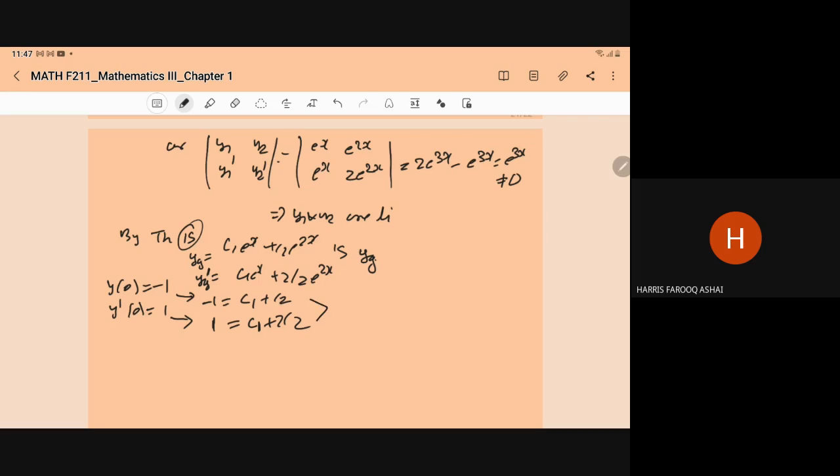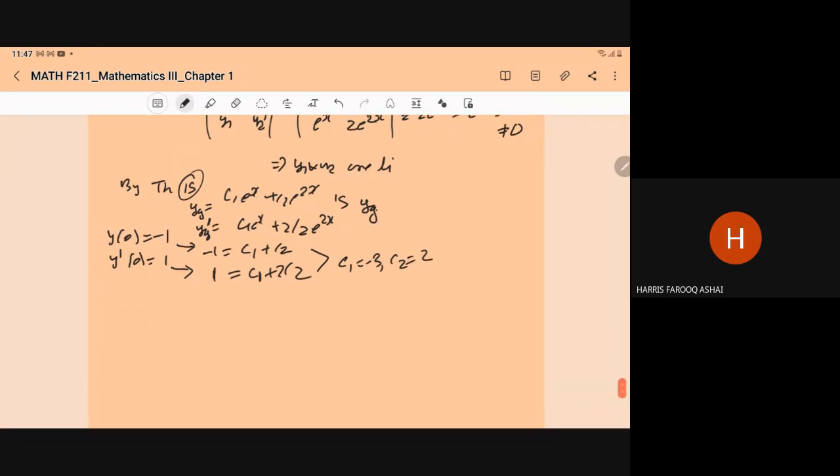So now we have two unknowns, c1 and c2, and two equations. So from here we can compute the values of c1 and c2. So c1 and c2 will come out as -3 and 2.